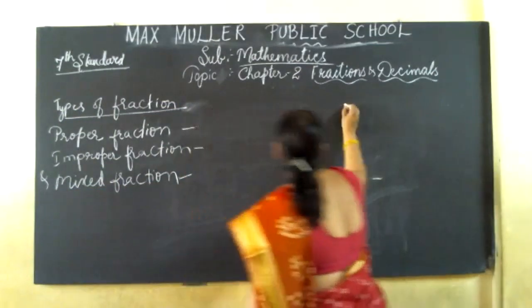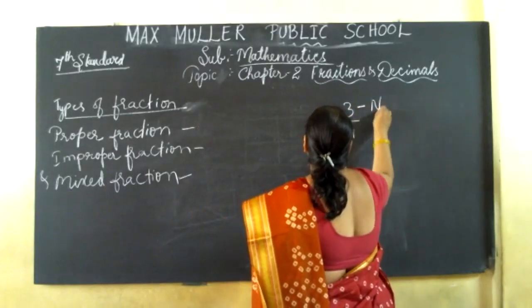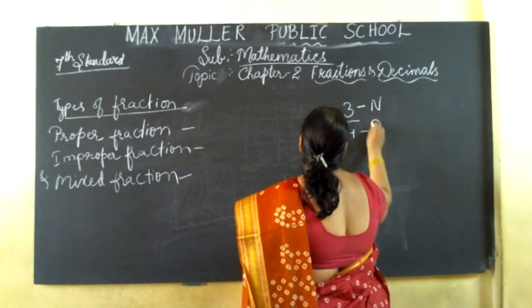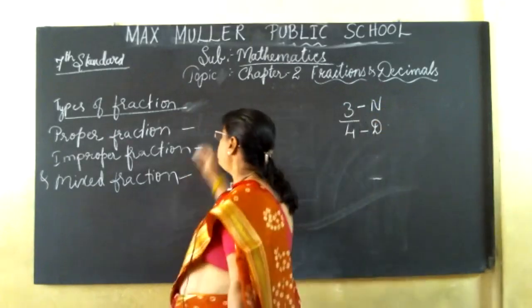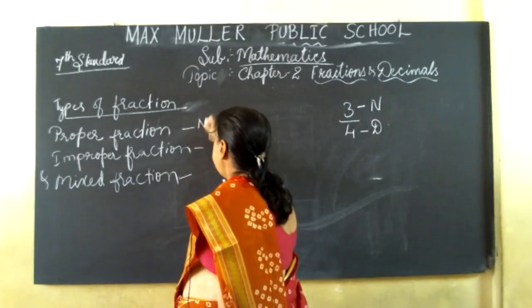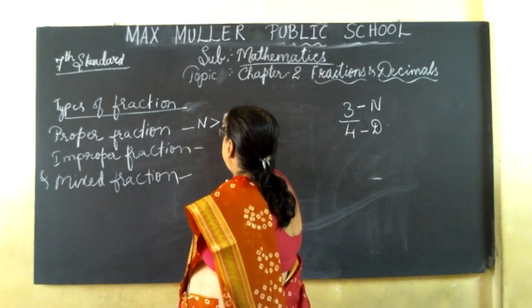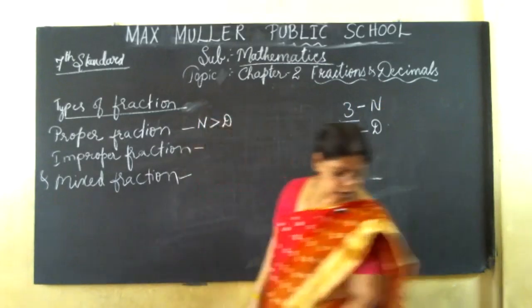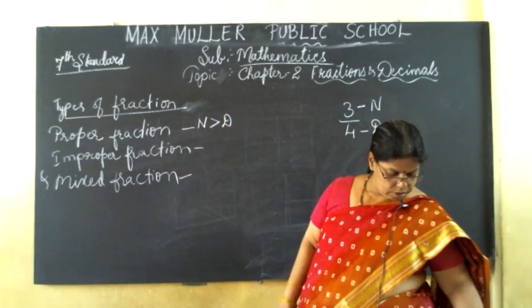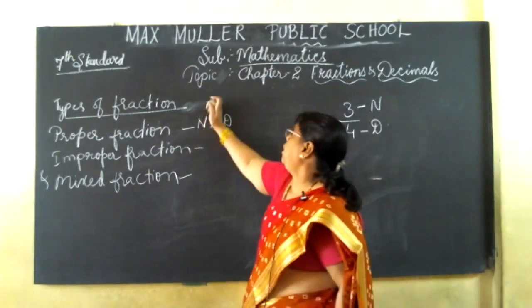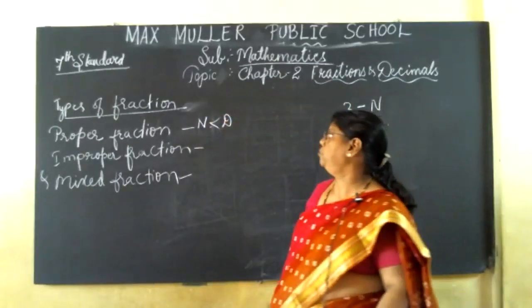Now see, 3 by 4. This is the numerator and this is the denominator. In a proper fraction, the numerator is lesser than the denominator.